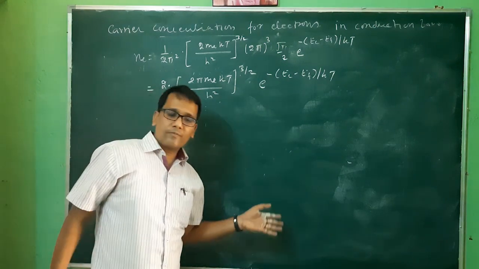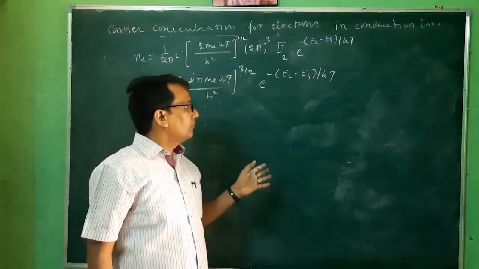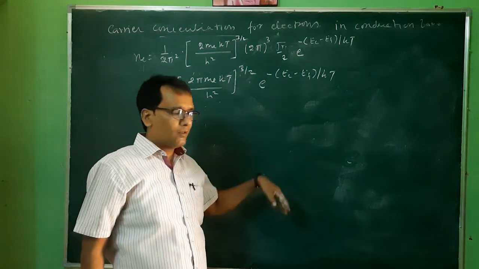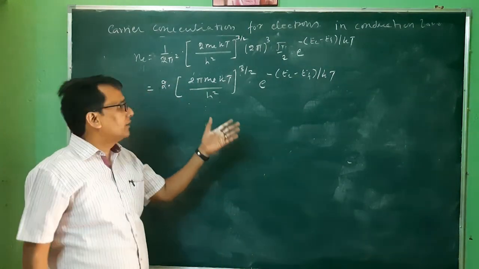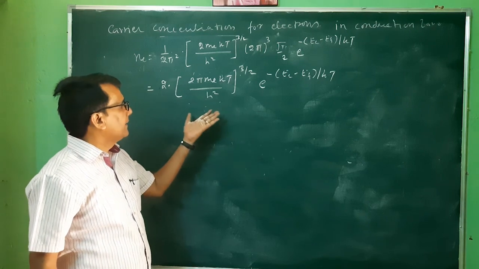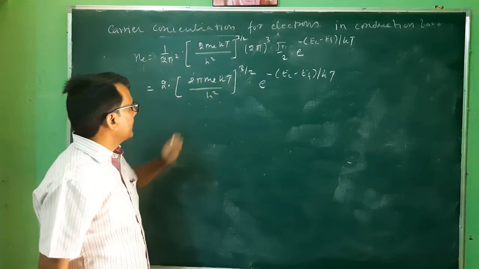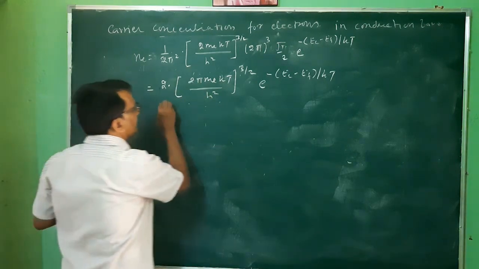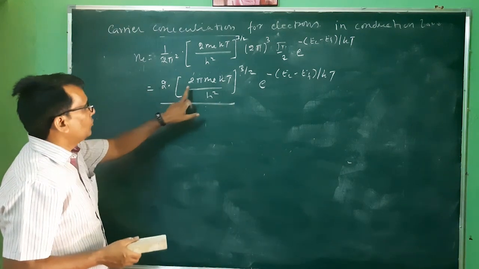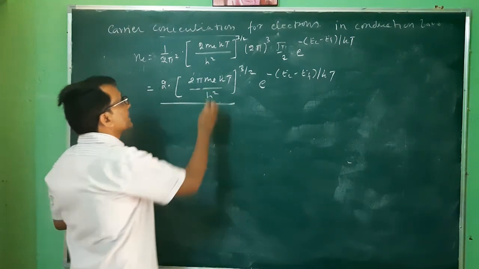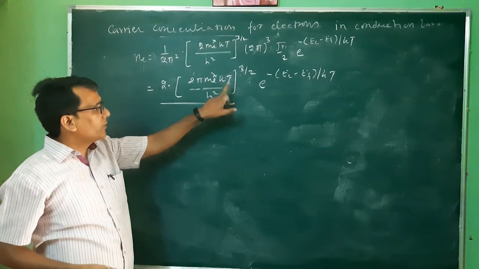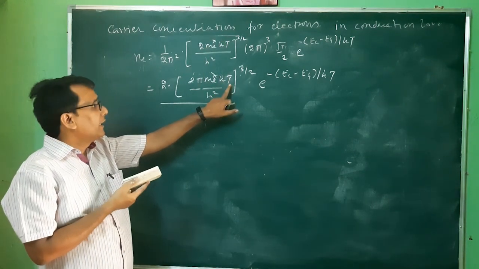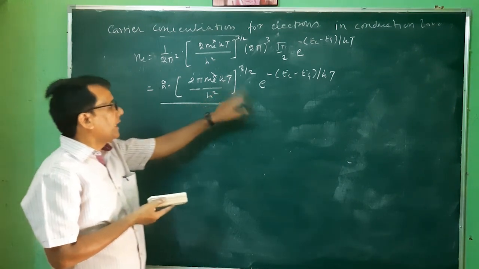So the calculation is not much complicated if simple mathematical terms are used, and one can easily convert all these parameters into this term. All these parameters are constant: 2 pi me is the effective mass of the electron, k is the Boltzmann constant, and T is the temperature. So for any specific temperature, T can be taken out.